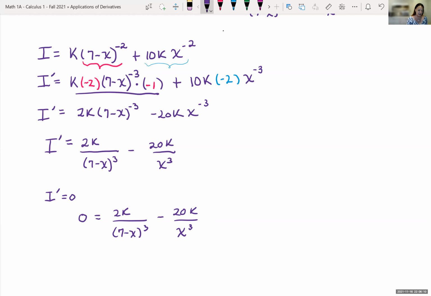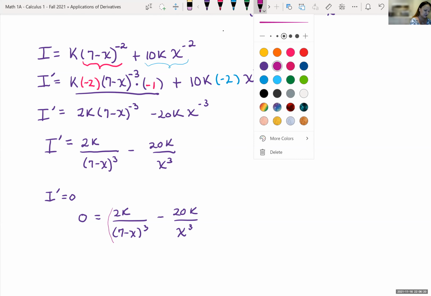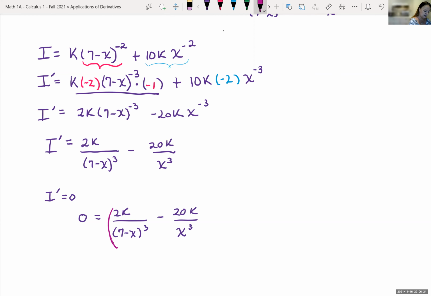Because this is an equation, I can clear my fractions by multiplying through by my least common denominator, which is going to be 7 minus X quantity cubed, all times X cubed.